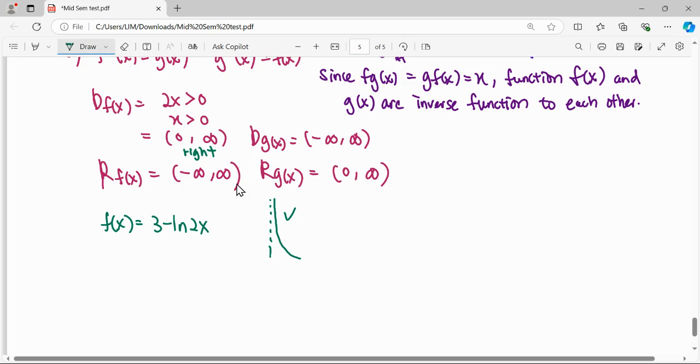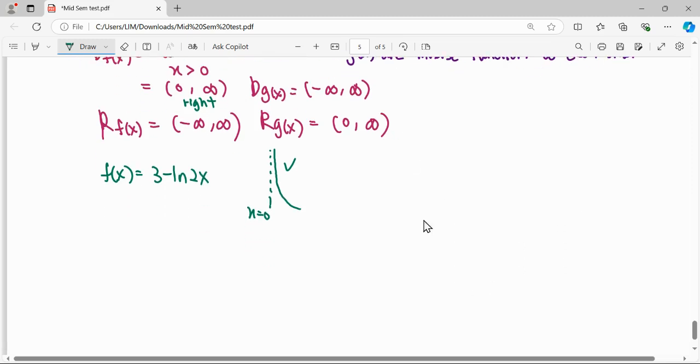And what is the asymptote? You can see 0 is not included, which means we will start with the asymptote x equals 0. So we can draw the graph here.